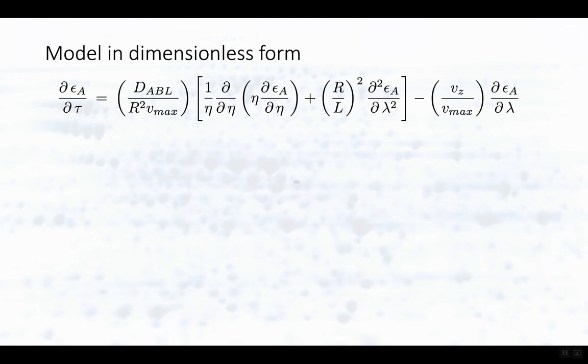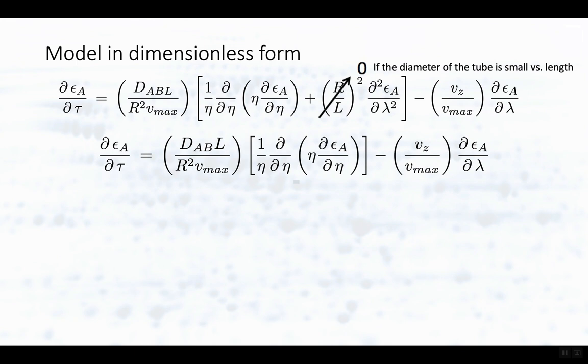So what that says really is, for most of the time when I'm dealing with small diameters and large lengths, this axial diffusion term really becomes negligible. So we can drop that from our model, and we reduce the model to this.